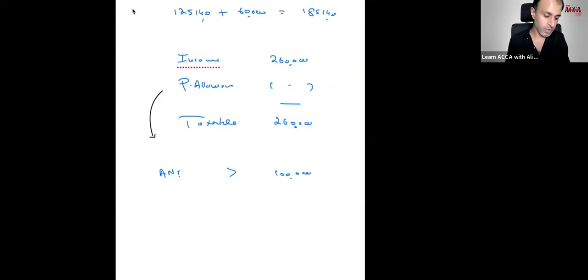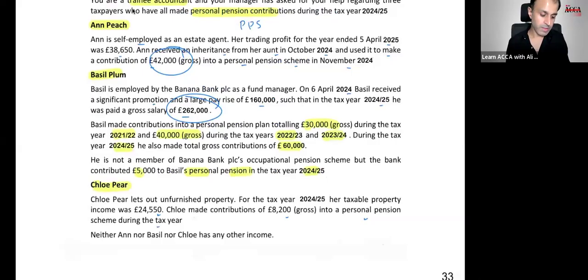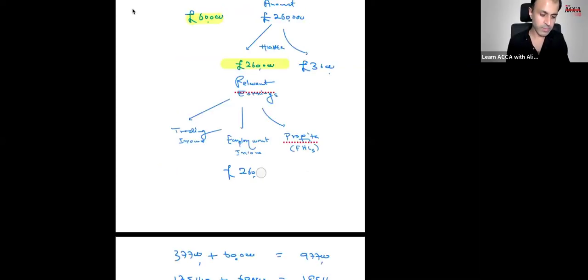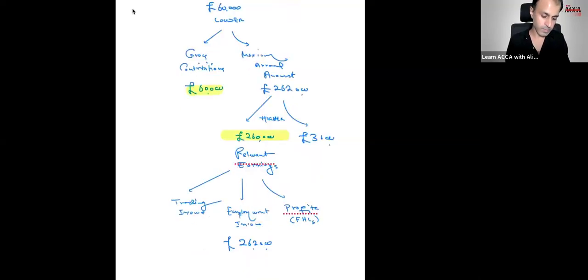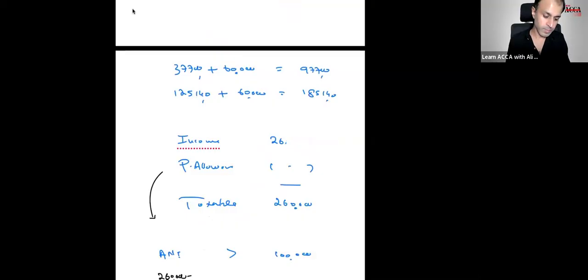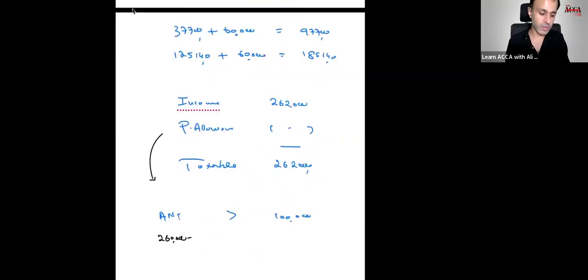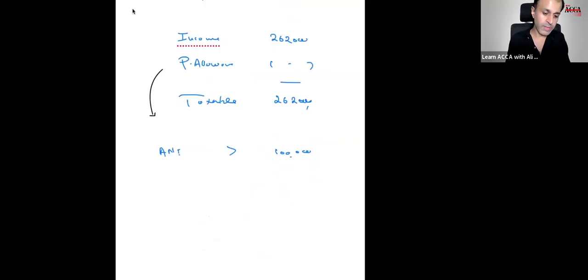Which is ANI? Total net income minus gross contribution, which in this case is, oh, sorry, this is 262. I thought this was 260. Well, you could have corrected me. Any one of you could have corrected me that the figure I punched is 262 instead of 260,000. So the level of income becomes too big that the gross PPS, we will have to subtract.